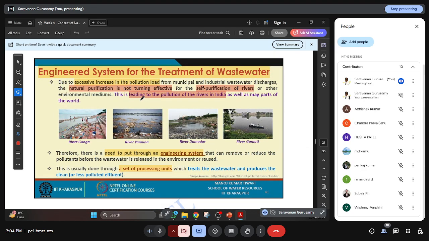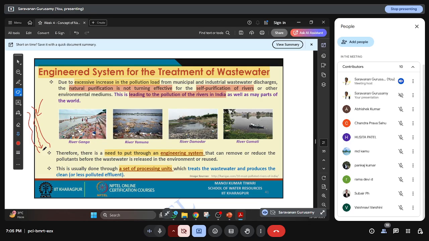So why do we need a treatment system? Because whenever we pollute water beyond its natural purification process, which we discussed in the first hour, the river has its own capacity to treat the water. If the river Ganga is flowing, or one industry is discharging water here, after 1 or 2 kilometers it gets purified on its own, without any human requirement.